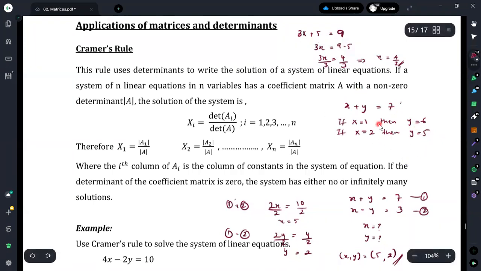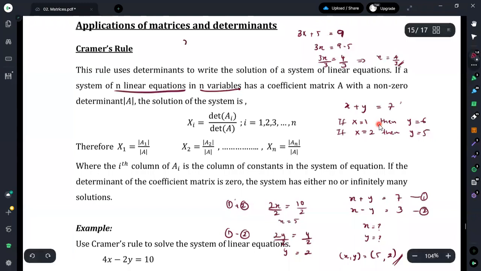Therefore, if you have n number of variables, you should have n number of linear equations. This is the minimum number you should have to obtain a particular answer for a set of linear equations.